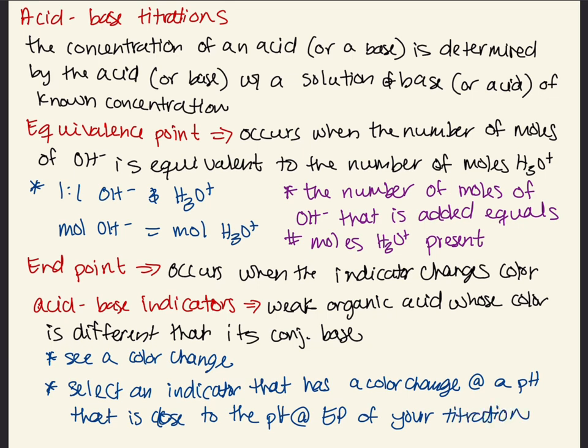So there are all different kinds of indicators, and we know the pH of where the color change occurs. So you have to pick an indicator that will make sense with the titration that you are doing.